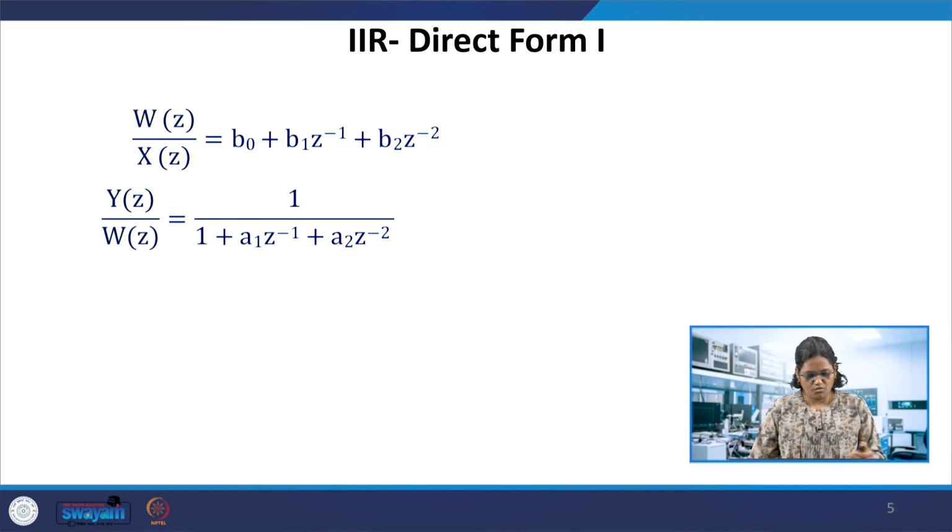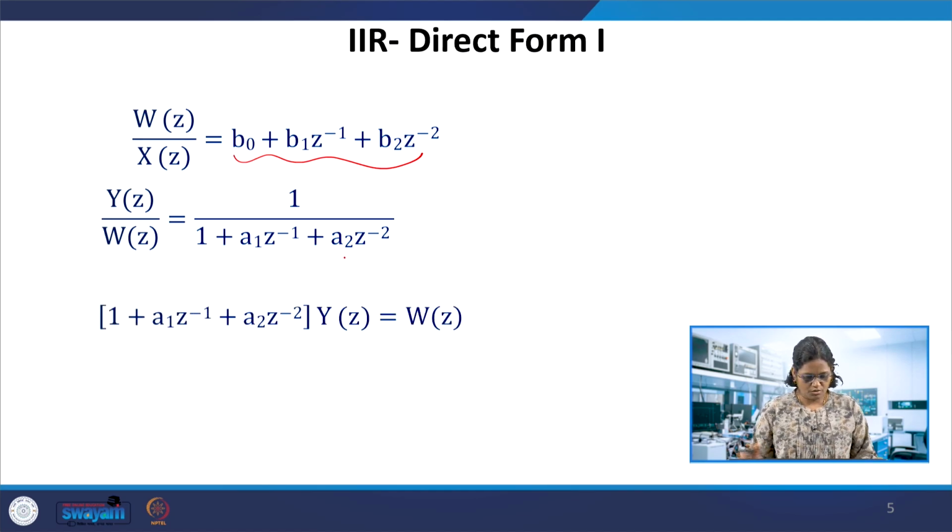Form 1, direct form 1. In the first case, H1 of z is W by X, which is giving the numerator, and Y by W is giving the denominator. So if you get this W of z from this, Y of z multiplied by this thing is equal to W of z.